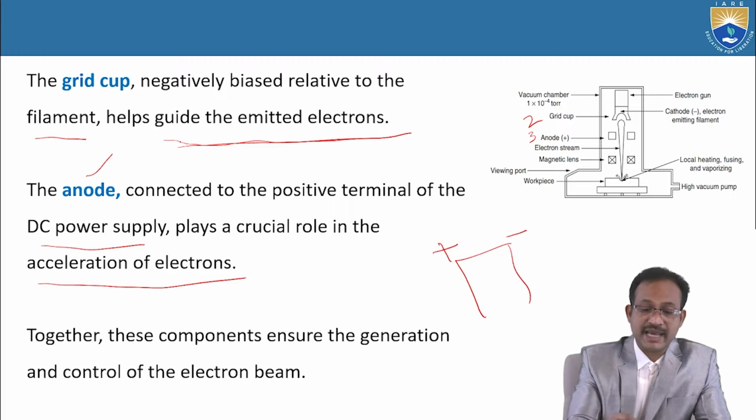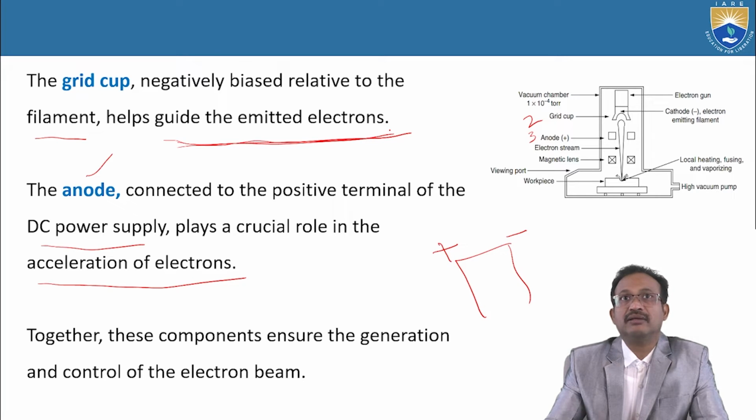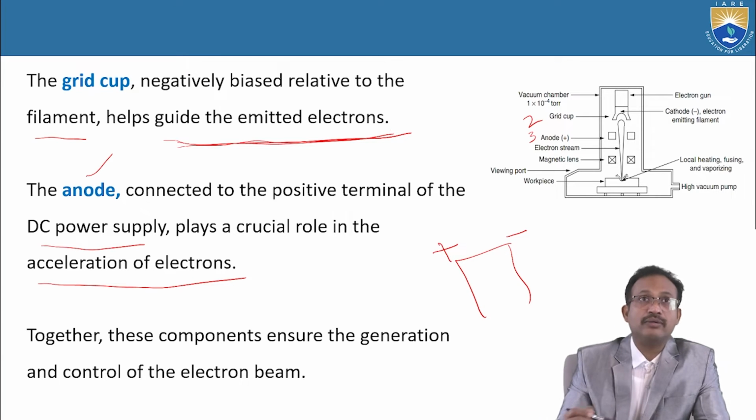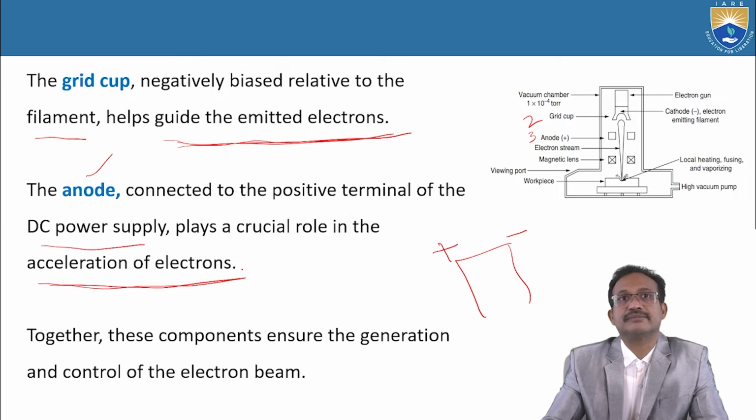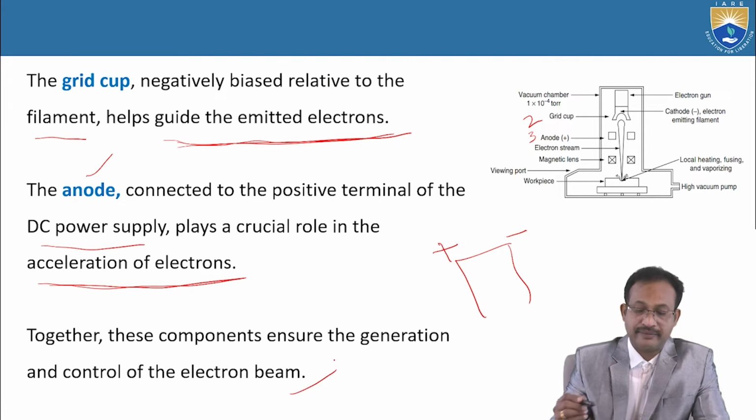The anode plays a predominant role in the acceleration of electrons. Together, these components ensure the generation and control of the electron beam.